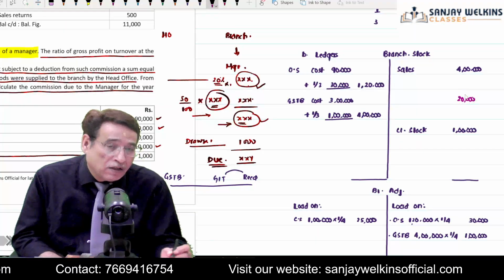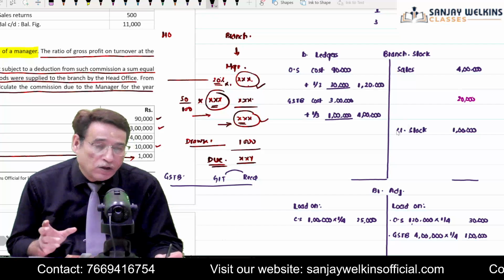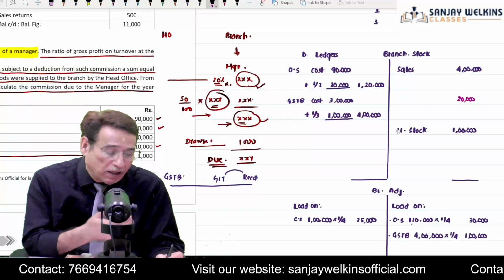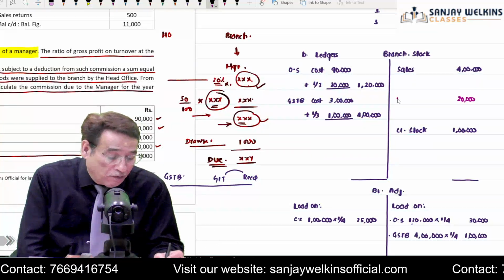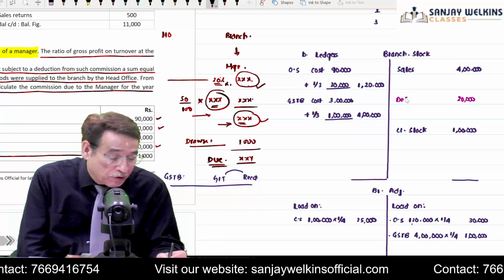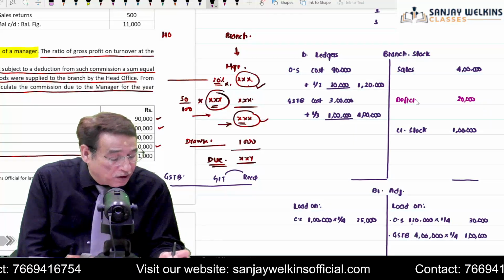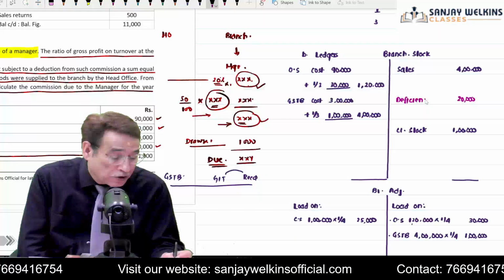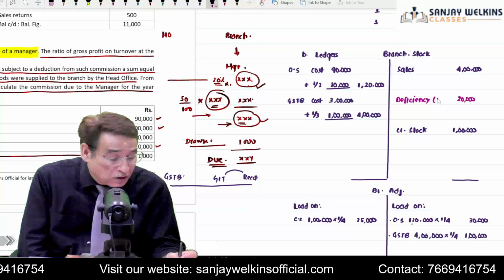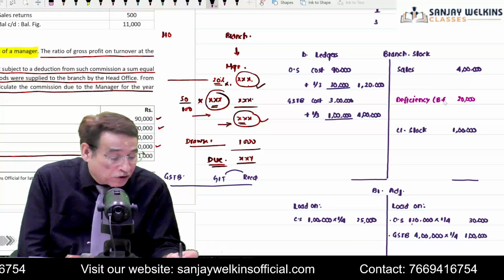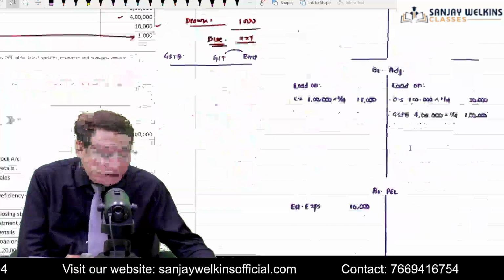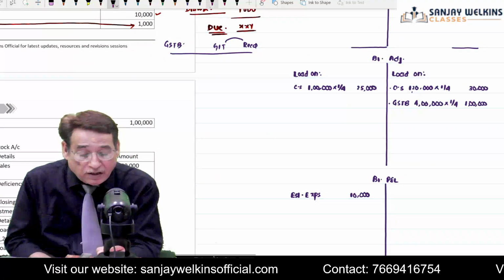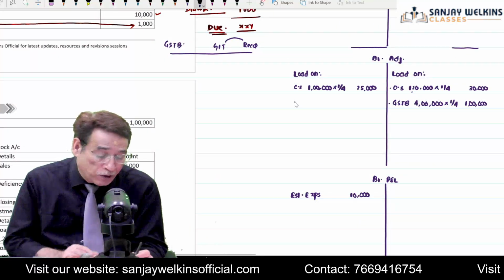We will consider this balancing figure as deficiency because first preference is given to closing stock, and it is given in the question. So if it is given in the question, we have to treat this as deficiency, shortage, spoilage. So in this question there is deficiency number 1. Now we will have to split the amount of deficiency.